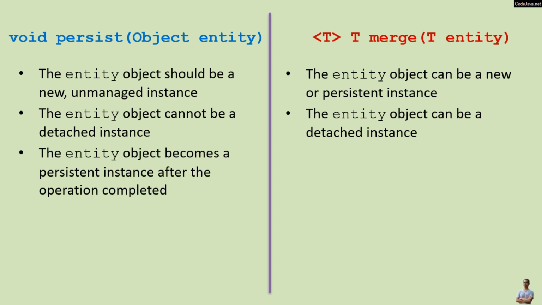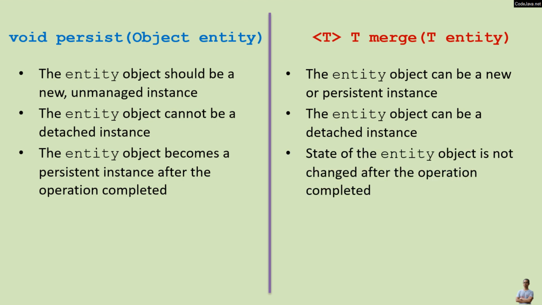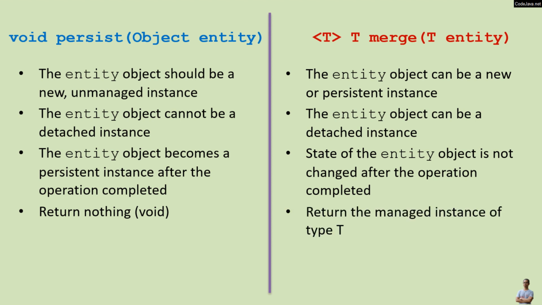For the persist operation, the entity object becomes a persistent instance after the operation completes, whereas with the merge operation, the state of the entity object is not changed after the operation completes. The persist method returns nothing or void, and the merge method returns the managed instance of type T.